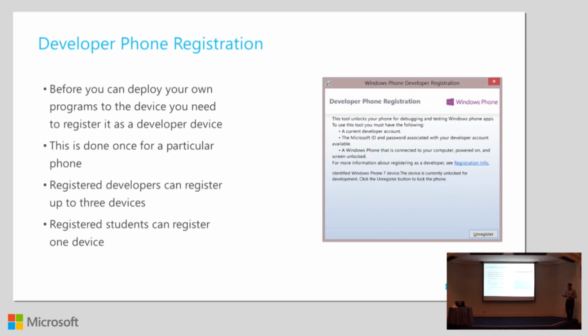To unlock your device, you need to register as a developer on the Dev Center, and you need to use the phone developer registration GUID or the UI to unlock your devices. If you are a professional developer, you will be able to unlock 3 devices. If you are a student, you will be able to unlock 1 device. Okay?